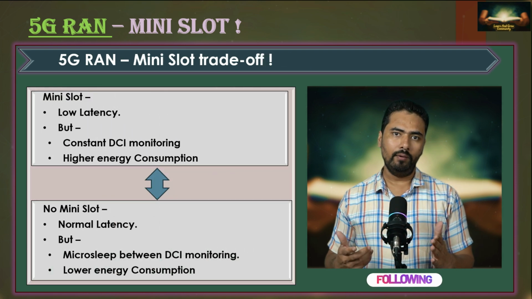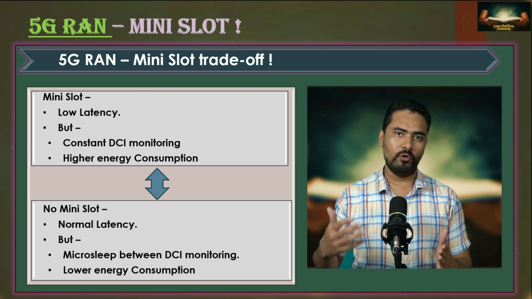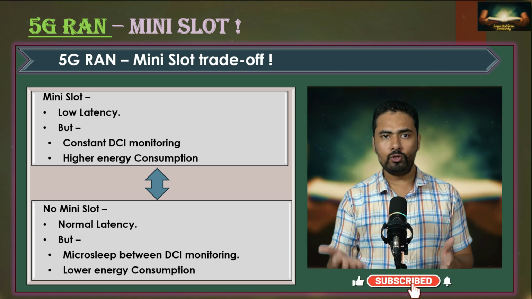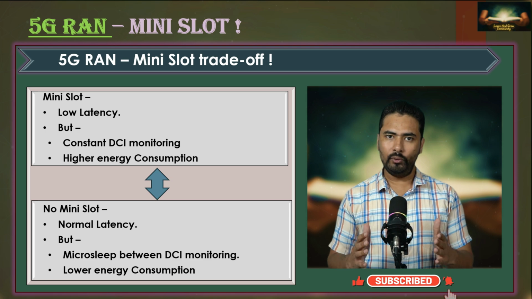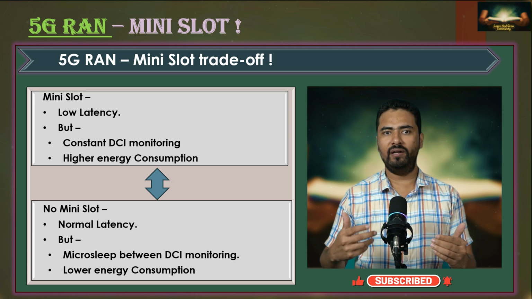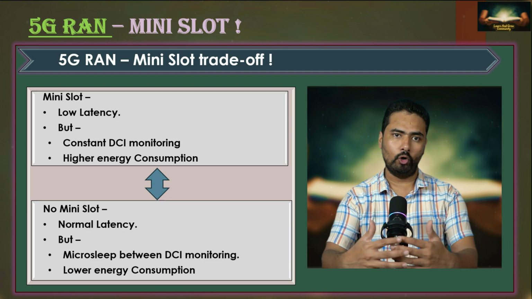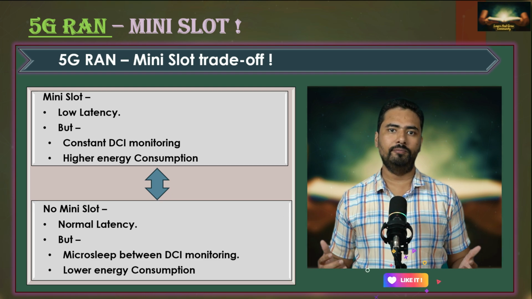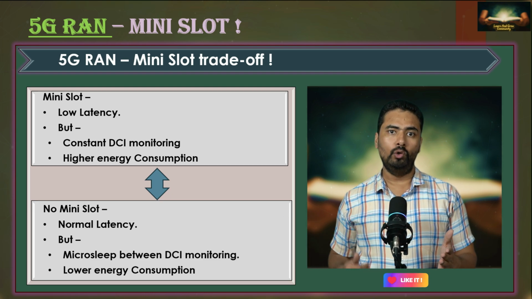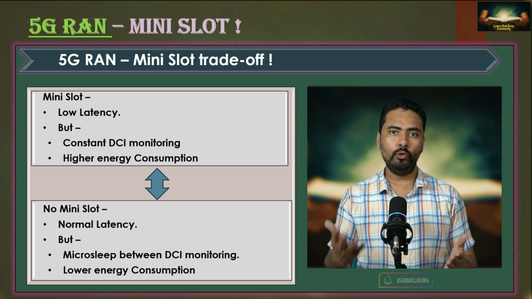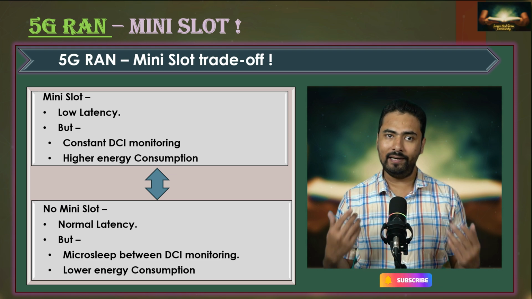Typically, the UE monitors the downlink control information channel, or DCI channel, to know when it needs to receive data. The UE monitors the channel at the beginning of each slot and then goes into sleep mode for the rest of the slot duration to save battery power. However, for low latency devices that use mini slots, the data can be scheduled at any time and at any slot.